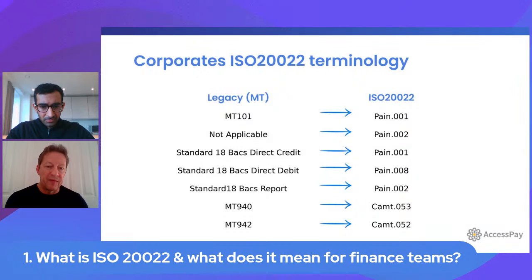The third benefit that's worth touching on is if you think about, even with Swift, where there is a return message coming back, Swift will deliver an ACK or a NAC message coming back. It's not actually at bank level, that's coming back from the Swift network. So the organization, the corporate, the financial institution doesn't actually know with an MT101 message what the bank is doing with it.